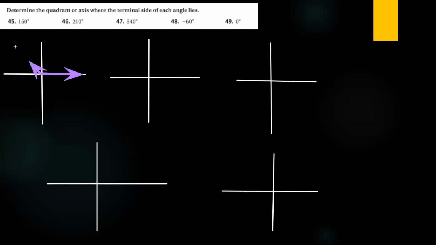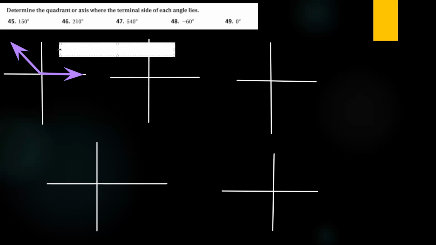Bravo. So it has to be here. So number 45, in which quadrant is it? Do you know the difference between axis and quadrant? Yeah. So which quadrant here? Quadrant 2. Bravo. So this is in quadrant 2.